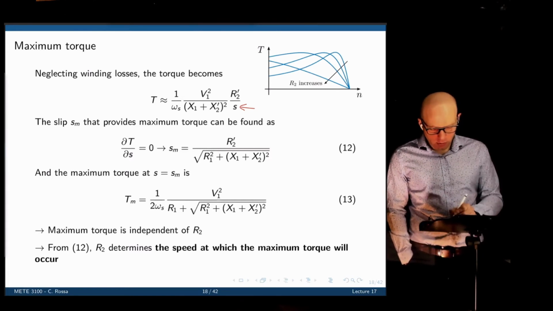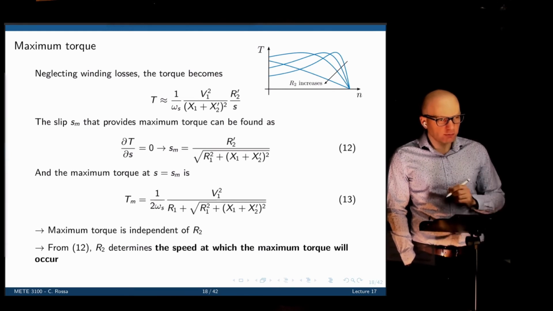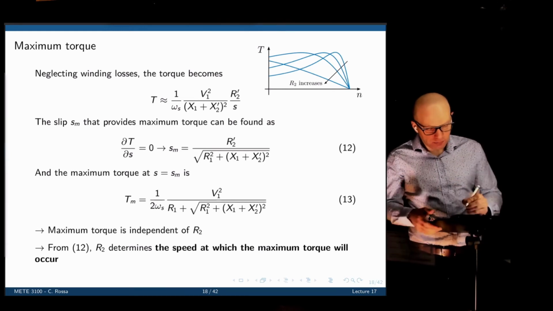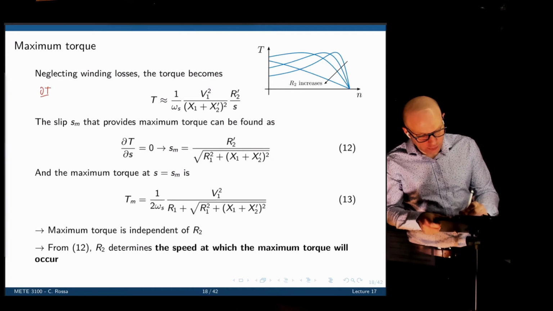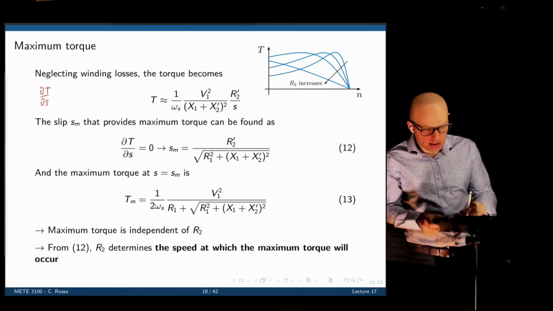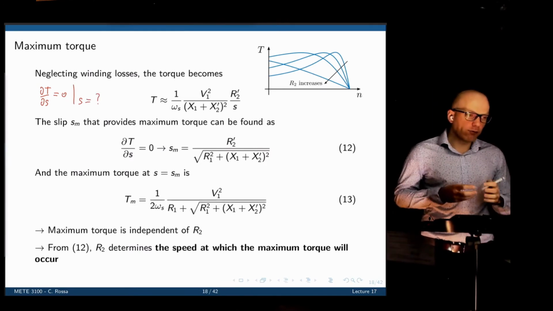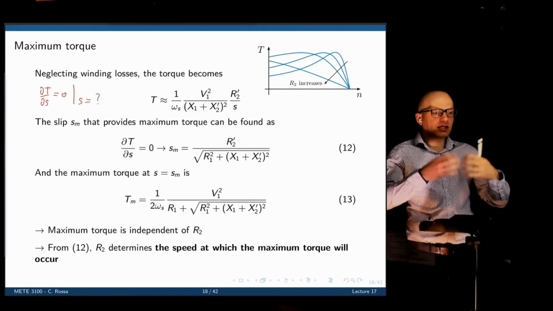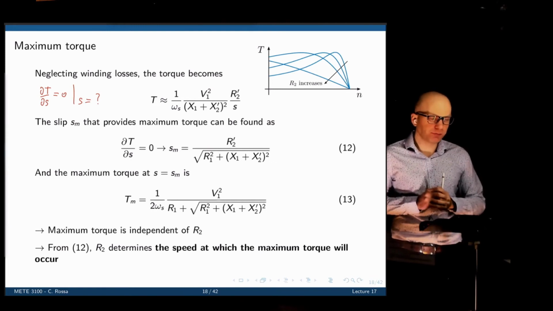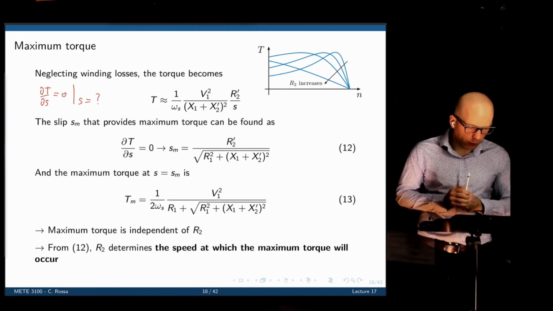How do we find that? Well, if you want to determine the maximum of this function as a function of s, just take the partial derivative of that function as a function of s, set that to 0, and solve for s. When you solve for s, we'll find the value of s that maximizes that function. That's what equation 12 does.